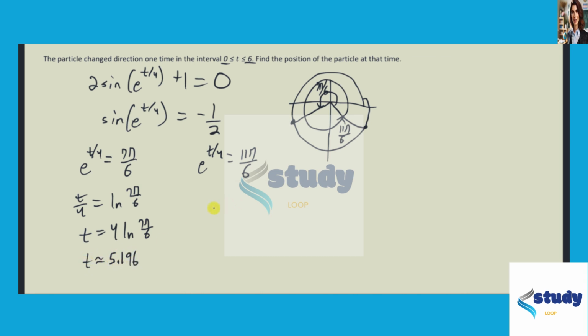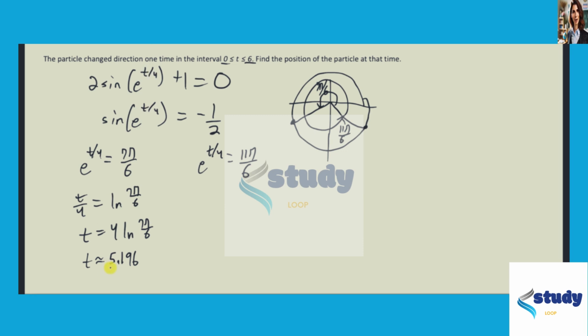The other value, t/4 = ln(11π/6), gives t = 4 ln(11π/6), which is about 7.003. That's outside of our time interval, since t is less than or equal to 6, so we can ignore this solution.